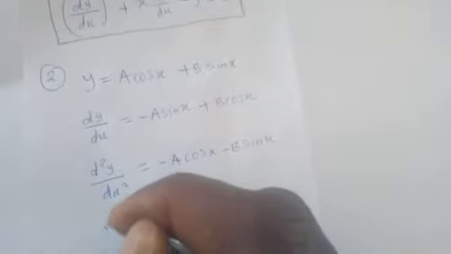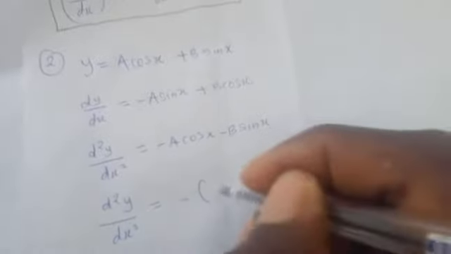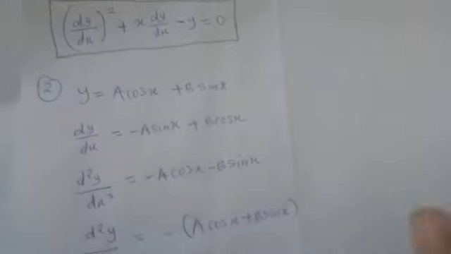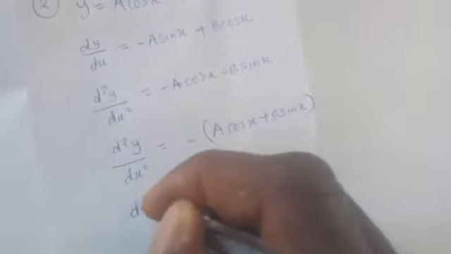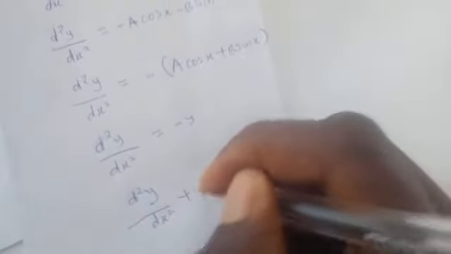So I'm going to have d squared y over dx squared equal to negative into bracket of a cos x plus b sin x. Now a cos x plus b sin x is our y. So we've been able to form this differential equation: d squared y over dx squared equal to what? Negative y. Now I would like my equation to be equated to 0. So I'm going to have d squared y over dx squared plus y to be equal to 0. And that is the answer.